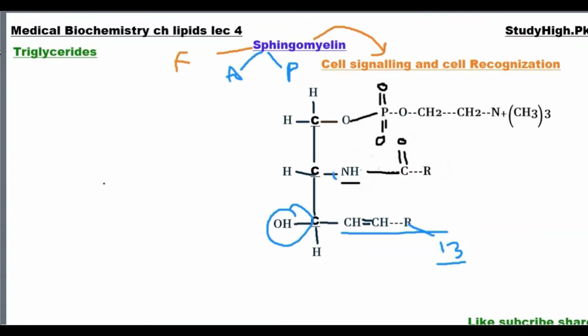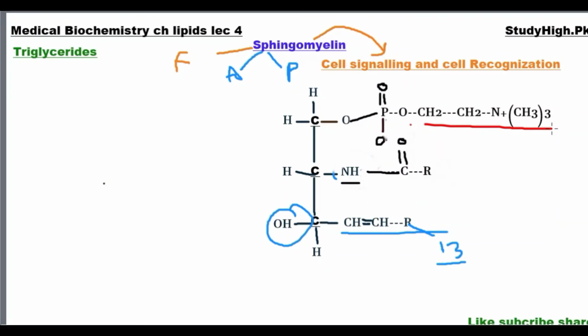In case of sphingomyelin, carbon 1 of sphingosine is phosphorylated, and this phosphate is further attached to a molecule of choline. So in sphingomyelin, at carbon 1 of sphingosine, there is a phosphoryl choline. There is attachment of a phosphate group that is further attached with a choline molecule, as you see in phosphatidylcholine, lecithin.